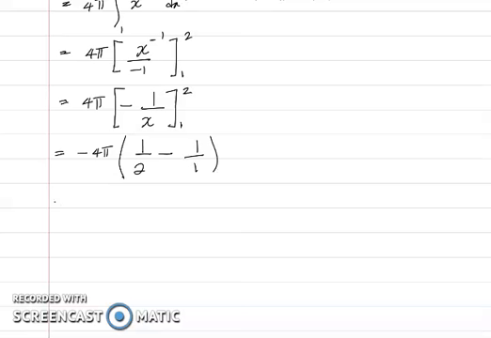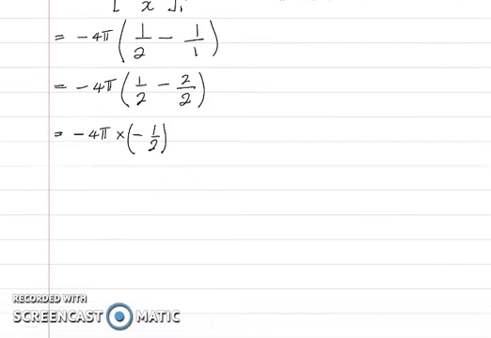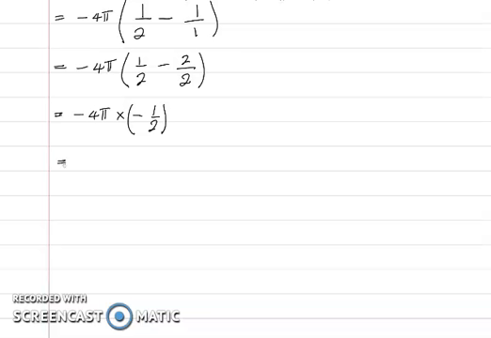So what we have is minus 4 pi, and we have a half minus 2 over 2, which is minus 1 over 2. So this becomes minus 4 pi times minus a half. And then this volume becomes 2, and a negative times a negative is a positive. So this is 2 pi cubic units.